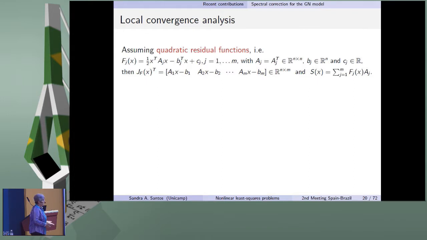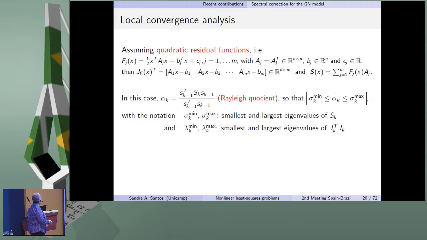So in case our residual functions are quadratic, then we have a very nice structure because our parameter is simply a Rayleigh quotient, so that it is between the smallest and the largest eigenvalue of matrix Sk.